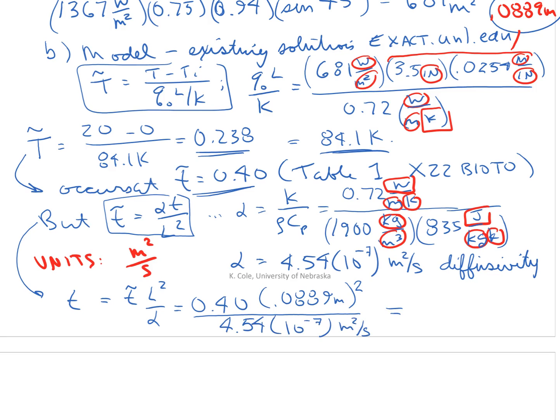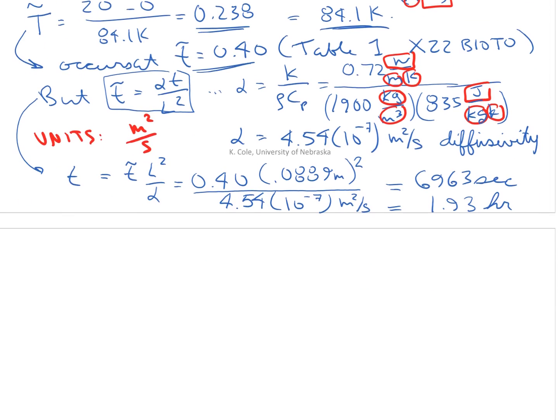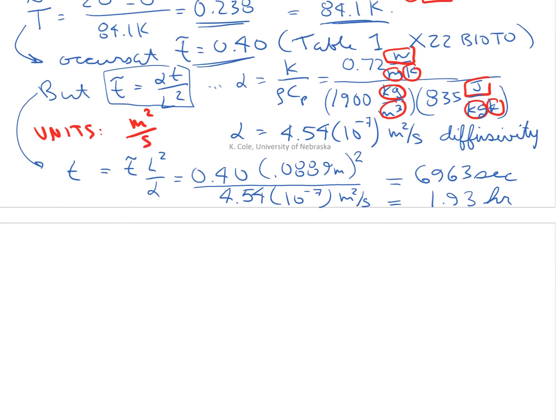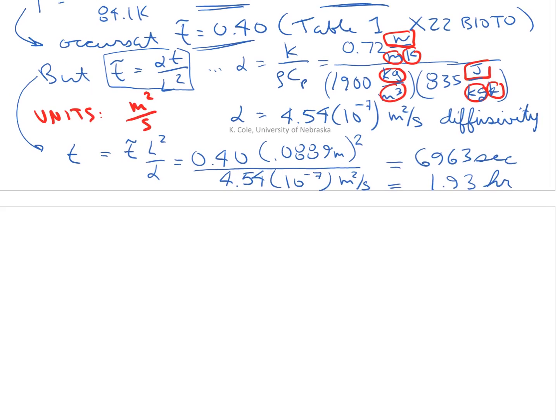Meters squared goes out, seconds comes upstairs, and this is 63 seconds. That's also 1.93 hours. So that's the delay time. So it takes quite a while for the heat to penetrate the brick wall of my house on a sunny afternoon. All right, that takes care of part B.